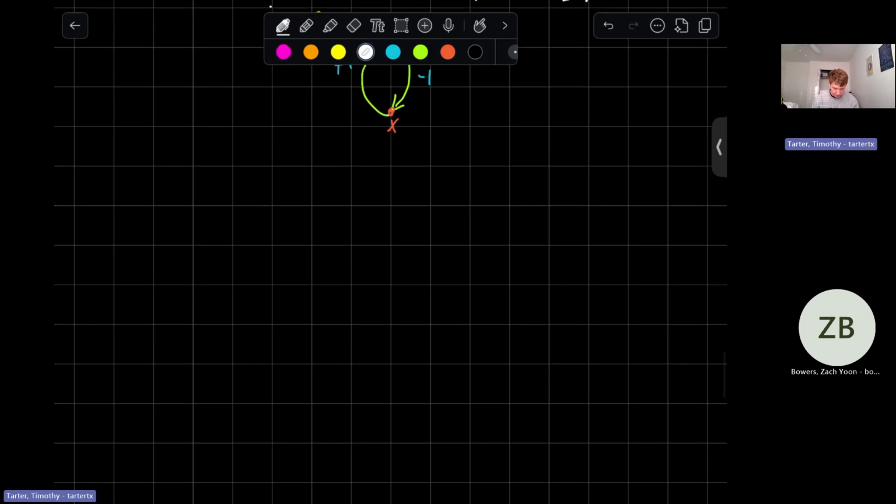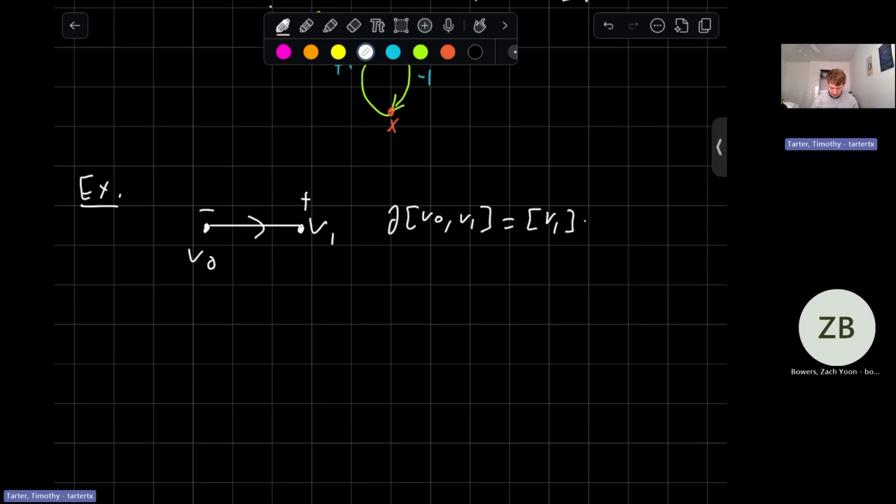So as an example, that's in the figure, if we have v0 to v1, and we have something that goes over like so, then we'll subtract at v0 and add at v1 so that the boundary is the class v1 minus v0.